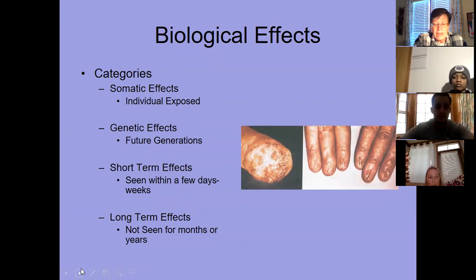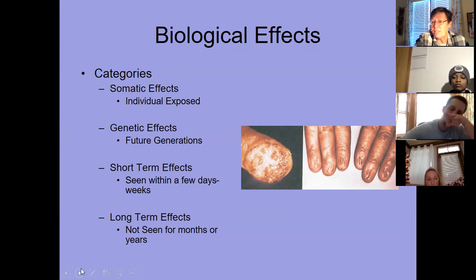We can also categorize biological effects according to whether they are somatic or genetic. So somatic effects we know occur in the individual exposed. We have an example here of a person whose hands were exposed to a high level of radiation. They have radiodermatitis.